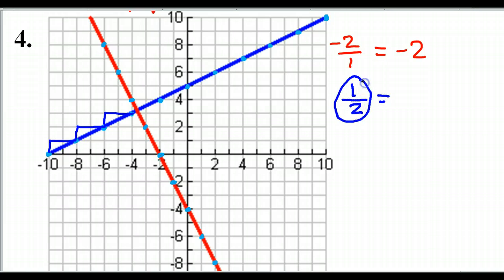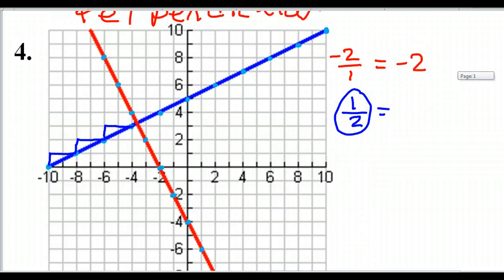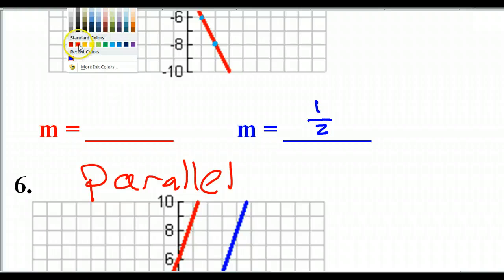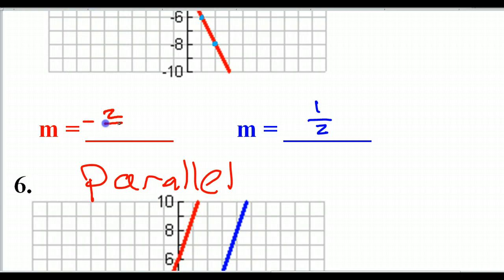So we have negative 2 over 1, which is negative 2, and we have positive 1 over 2. Okay, negative 2 over 1, positive 1 over 2. Let's do number 5.